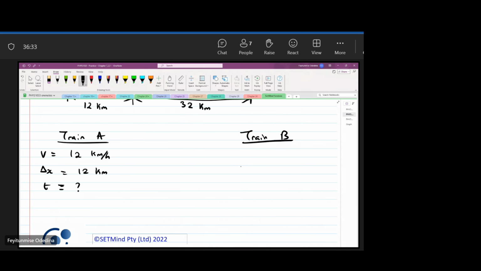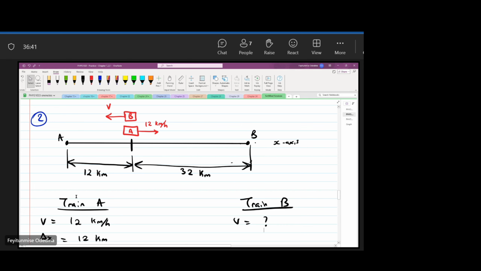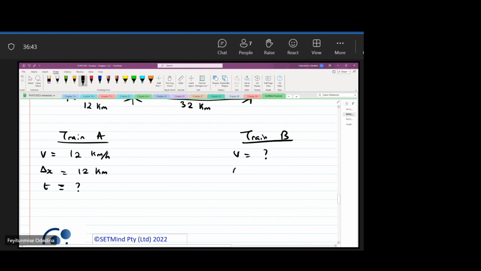On the other hand, we have train B, whose velocity is unknown. However, when train A has traveled 12 kilometers, train B has traveled 32 kilometers, and we also don't know what time. So in train B, we have two unknowns. In train A, we have one unknown. So we can start by using train A, because these two times are going to be equal.